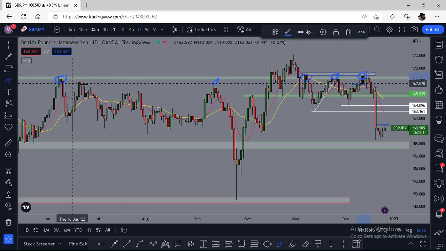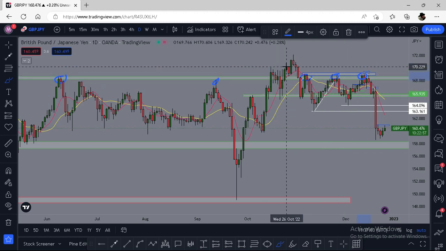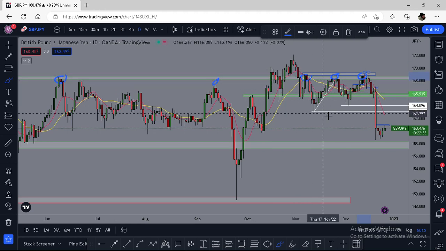So as you can see, this resistance is very strong. This indicated strong bearish pressure on this area. When the price got here, it always pushed down, although they tried to push it up, but it still came down.